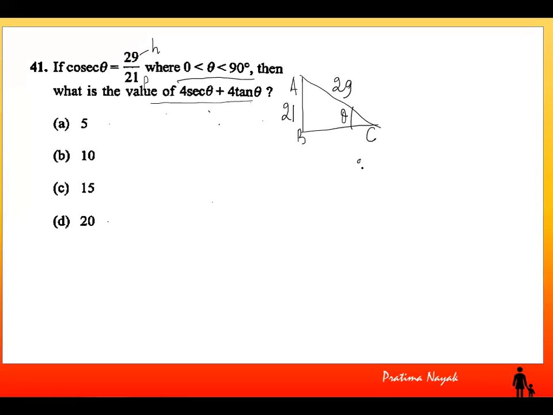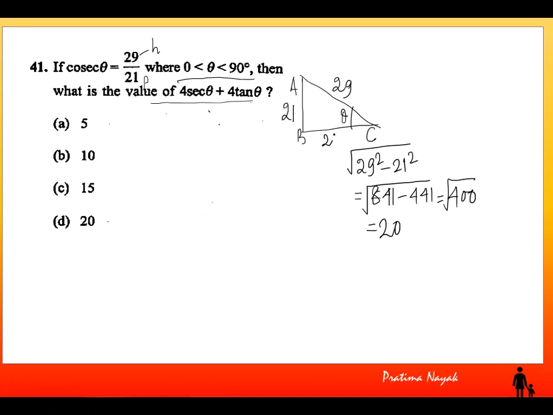B is the square root of 29 square minus 21 square. I'll suggest you to remember the squares. So it will be 841 minus 441. It will be 400, and the square root of 400 is simply 20. So the other side is 20.